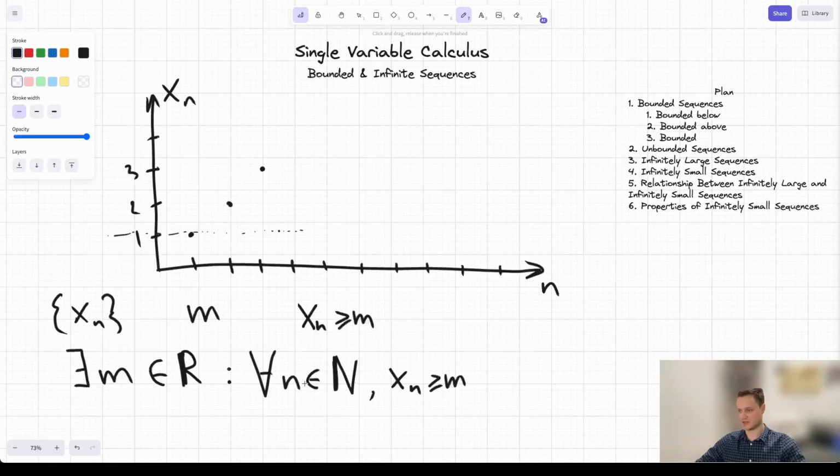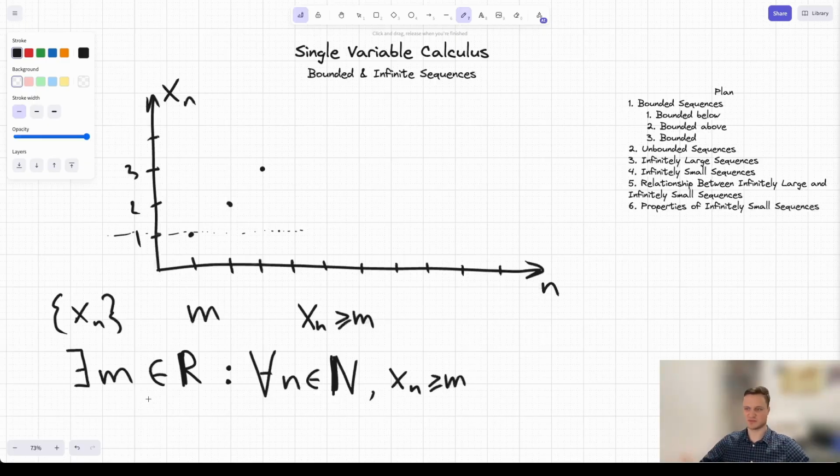For all numbers from the set of natural numbers, we discussed this also in the previous videos. And this colon means such that. How it's read all together: there exists a real number m such that for all natural numbers, x nth is greater than or equal to m.